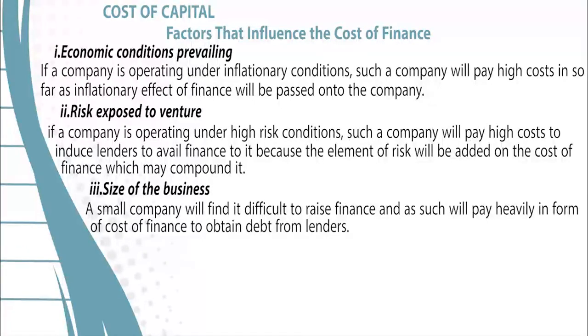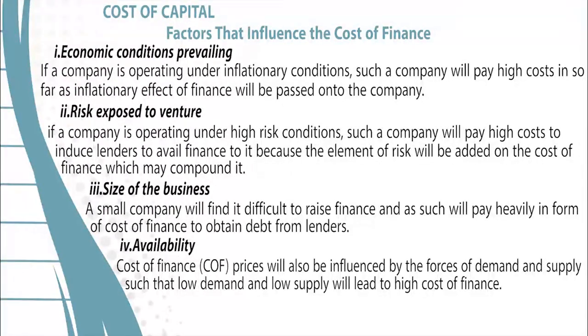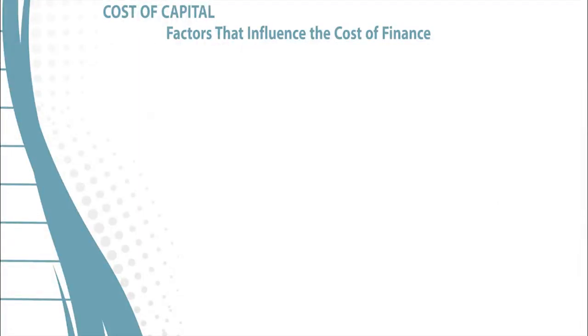Number four, availability. Cost of finance prices will also be influenced by the forces of demand and supply, such as low demand and low supply, which will lead to high cost of finance. Number five, of course, is what we refer to as the effects of inflation.